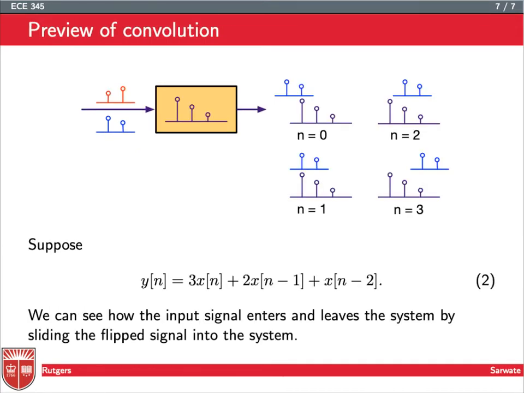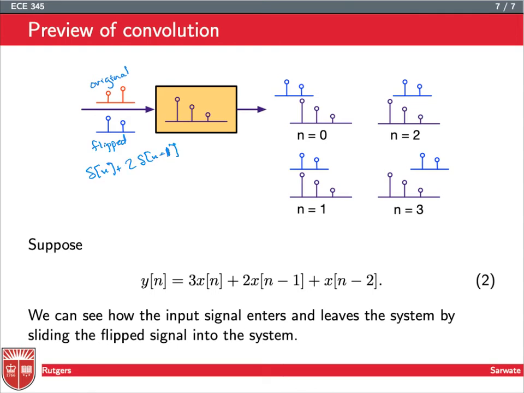So let's see a quick example of this. Suppose y of n is 3 times x of n plus 2 times x of n minus 1 plus x of n minus 2. And we can represent this graphically. Here's my original signal, and I have to flip it. Remember, this is delta of n plus 2 delta of n minus 1. And it goes into this system.